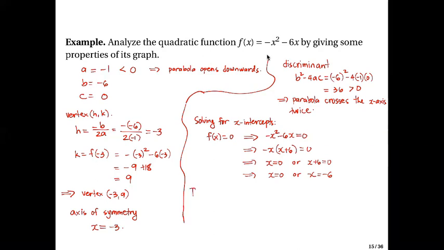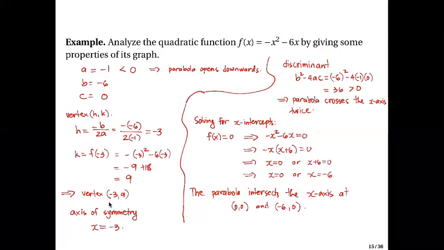So the parabola intersects the x-axis at the points 0, 0, and at the point negative 6, 0.